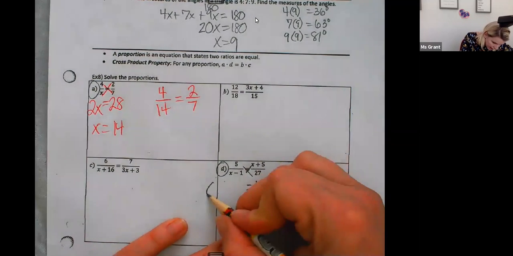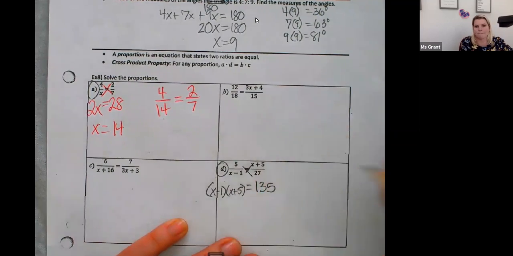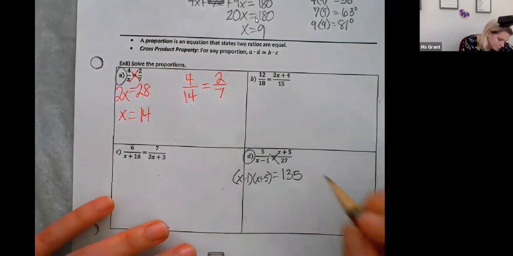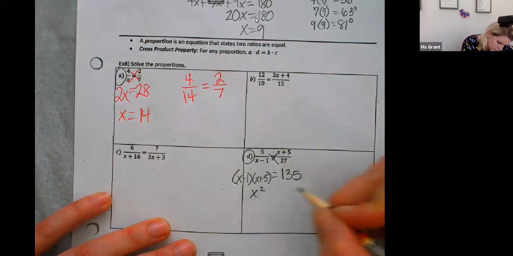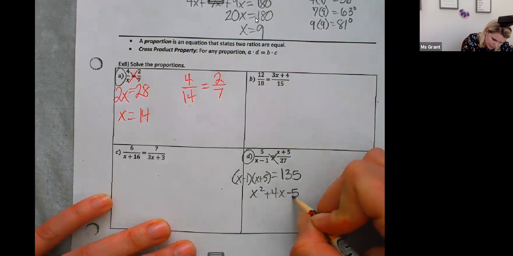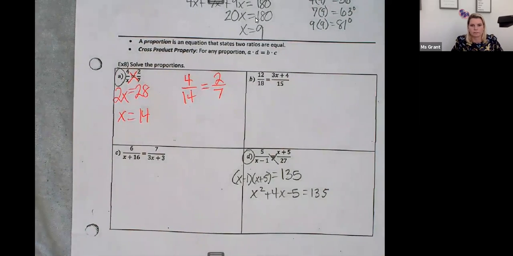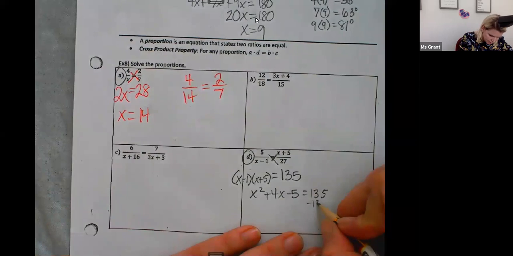And then x minus 1, x plus 5. And I FOIL: x squared, outside, inside, is 4x minus 5 equals 135. Minus 135.